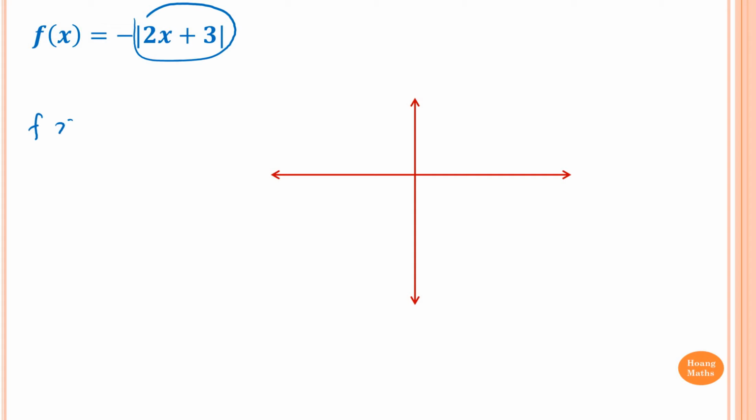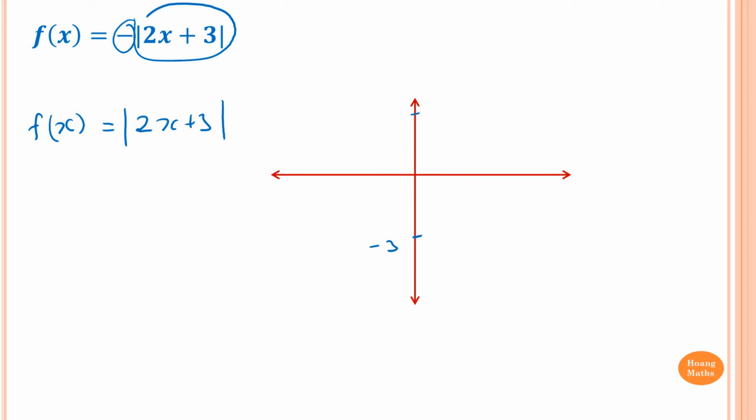So f(x) is equal to, I just write this first, the absolute value of 2x plus 3. So when x is 0, y equals 3. This 3 here. And then because it's negative here, we just put it negative here. I just do it quickly, okay? So this goes 3 there, negative.